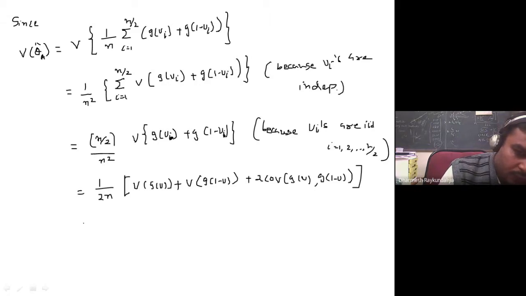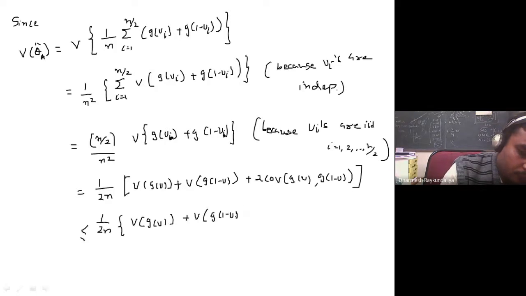So we can write this as less than or equal to 1 upon 2n times the variance of g(u) plus the variance of g(1 minus u).